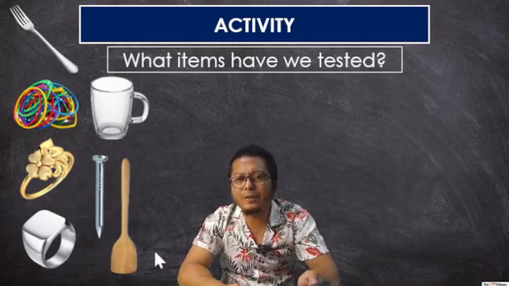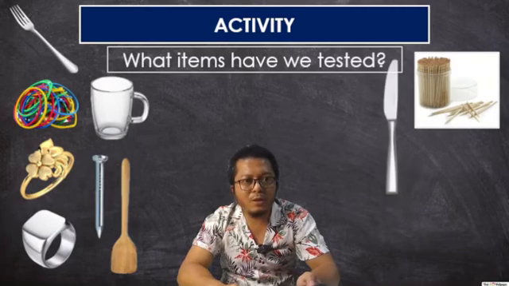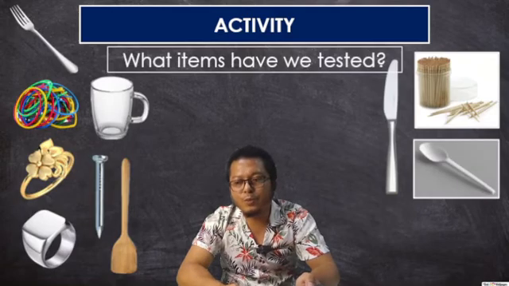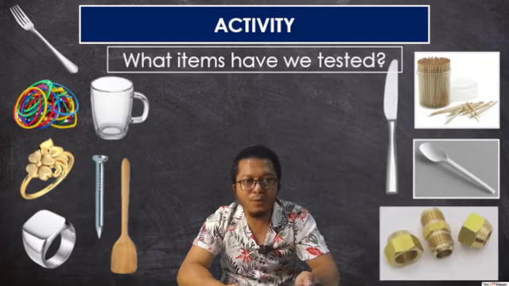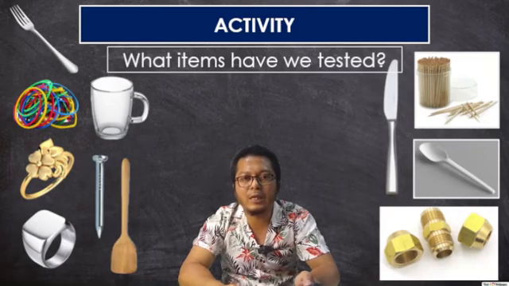And then we did test a spatula, a wooden spatula, and this is a wooden toothpick, which we did not try. We did not test a knife, I do not have this kind of knife. And a plastic spoon, we did use a plastic spoon, and we did try the copper connecting pipe, for connecting pipes. We did try most of the objects here.